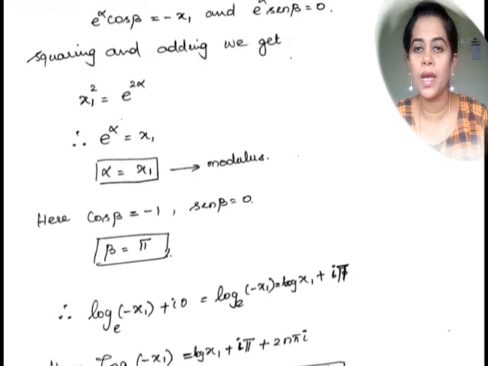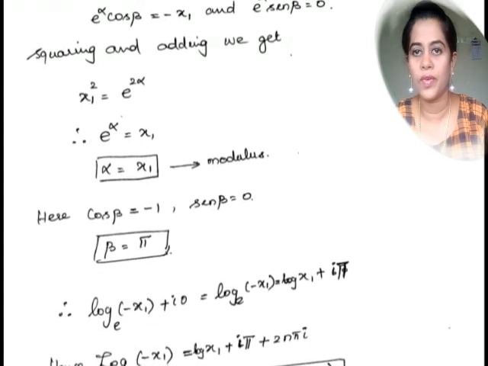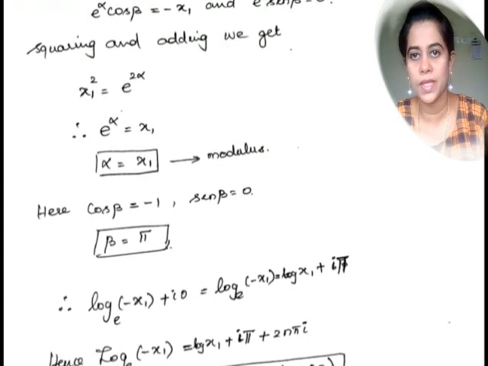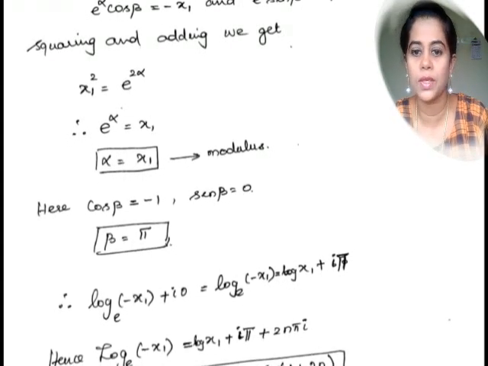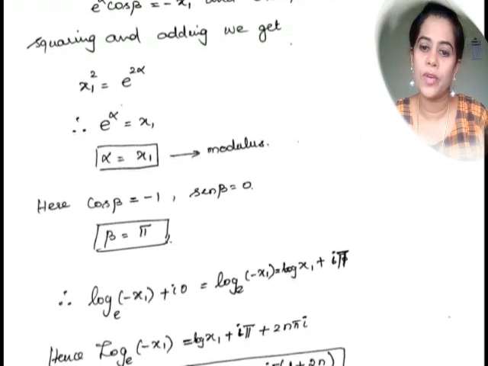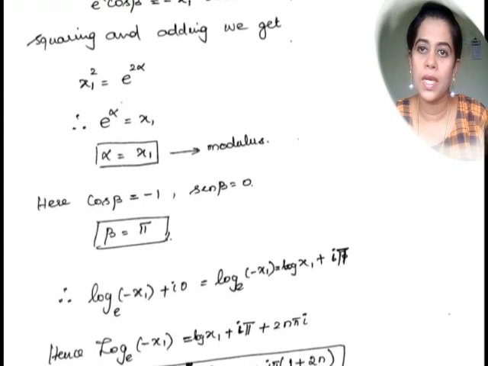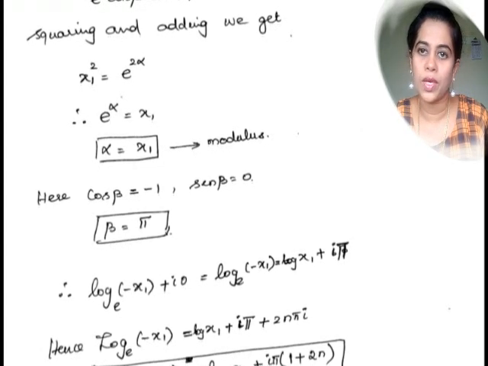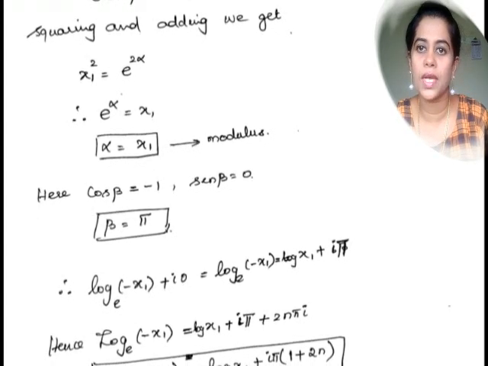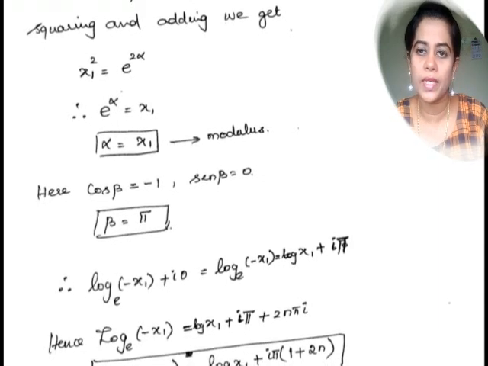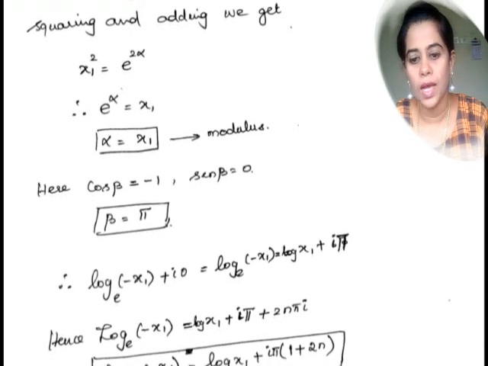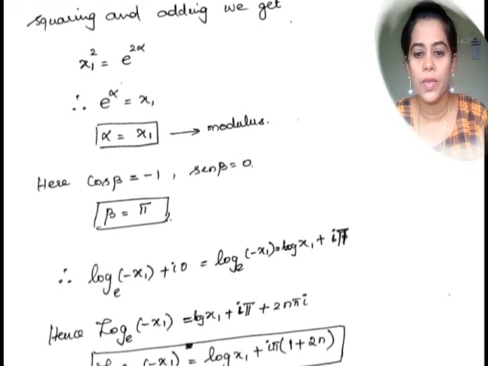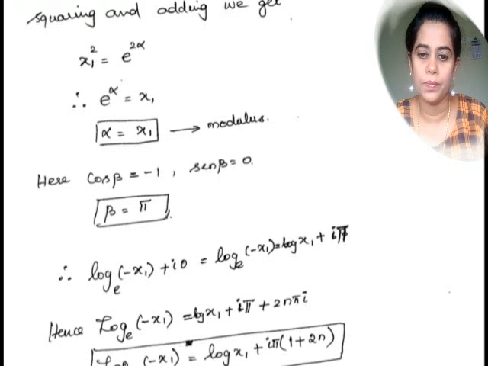So therefore x1 square is equal to e power 2 alpha. Taking the square root on both sides, we get x1 is equal to e power alpha. So that is nothing but alpha is equal to log x1.